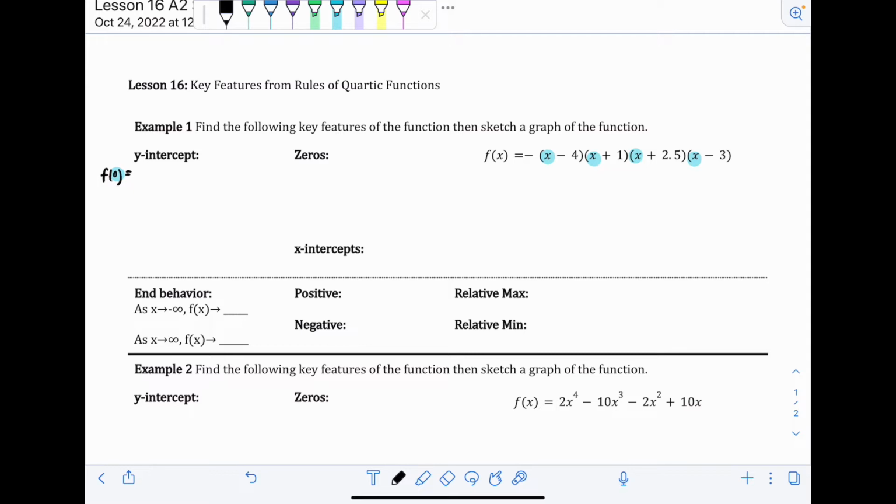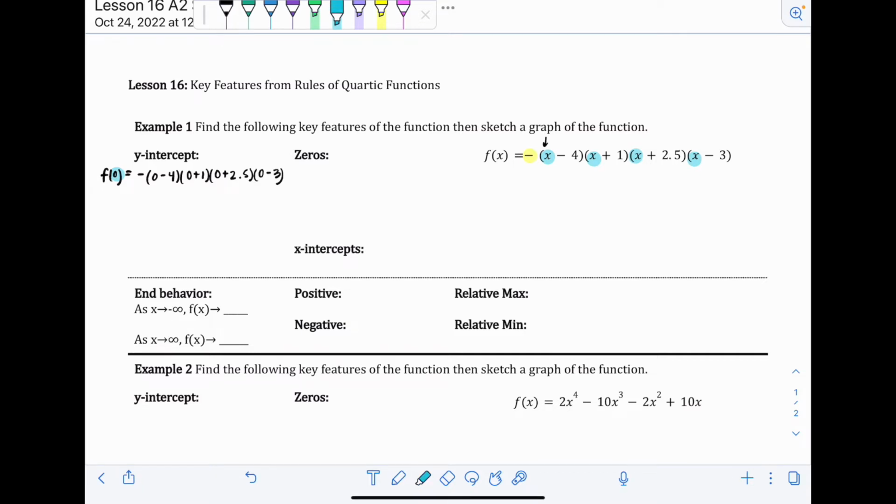Okay, so it'll be f of 0 is equal to, don't forget about this negative sign there. Sometimes it's easy to miss those. So negative, and I was going to say you can do it in your head if you want to. I'll write it all out with the zeros going in for each one. But if you know 0 minus 4 is negative 4, just put negative 4. But just to see us putting them all in, it'll be 0 minus 4 times 0 plus 1 times 0 plus 2.5 times 0 minus 3.